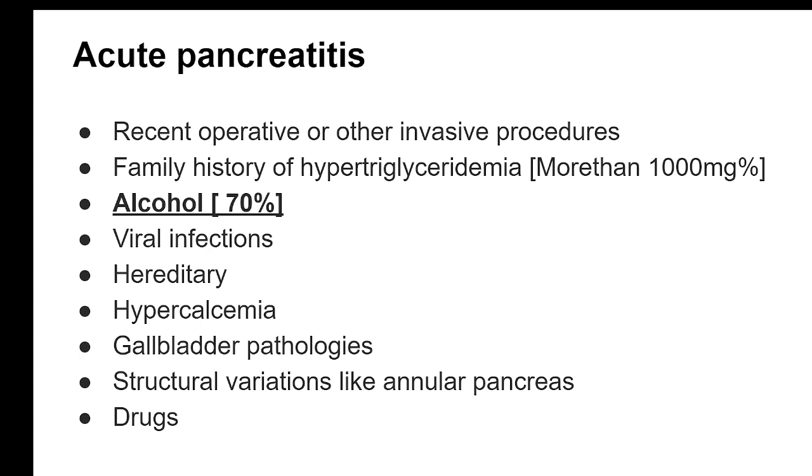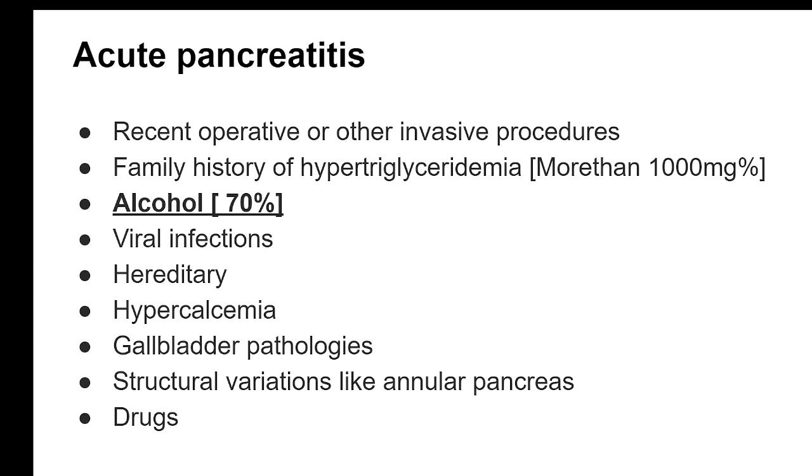The other causes can be a recent operation, abdominal surgeries, or any other invasive procedures where the pancreas will be handled. Trauma to the pancreas, road accidents or other injuries, also can trigger pancreatitis.